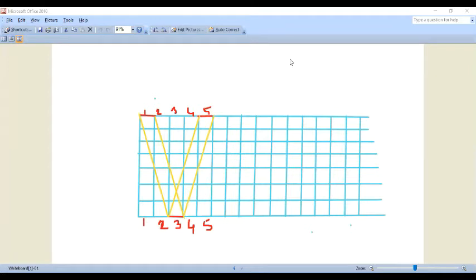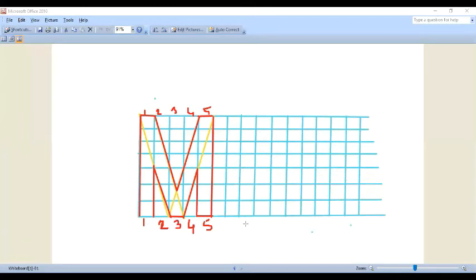Okay, now we draw. So first this will be this one. And the red color will be the dark. So this is the M.